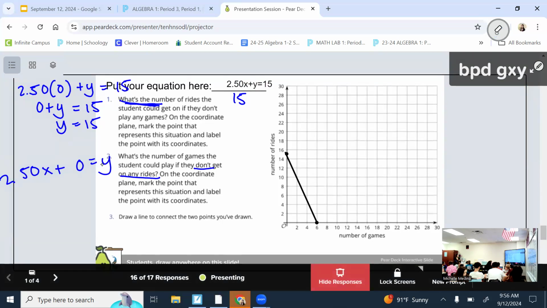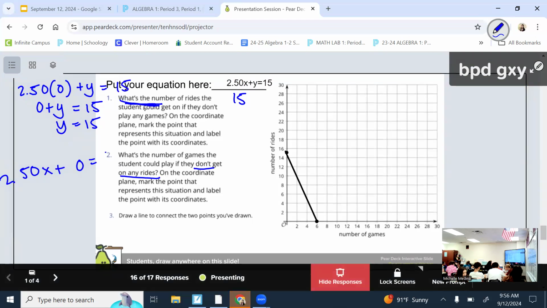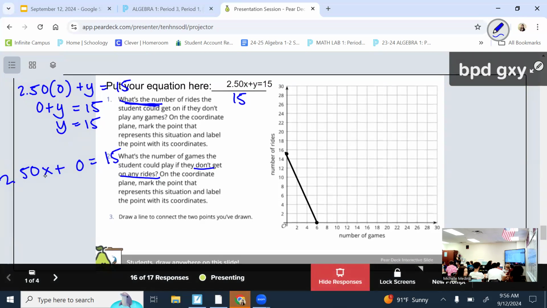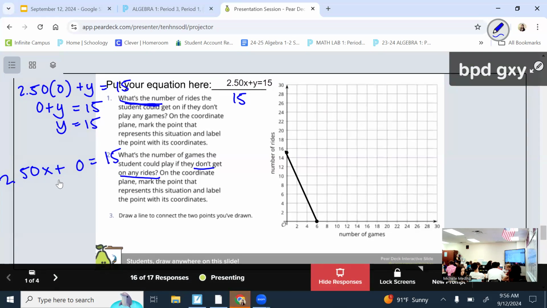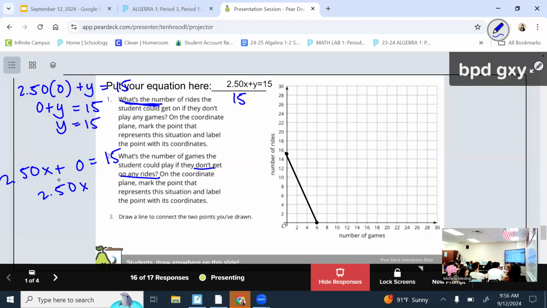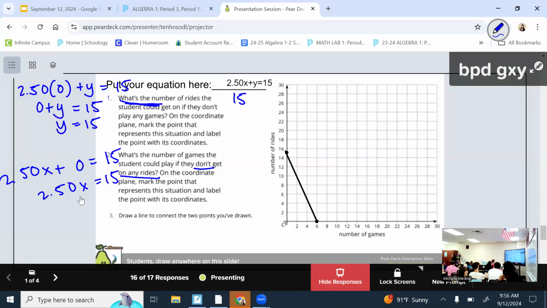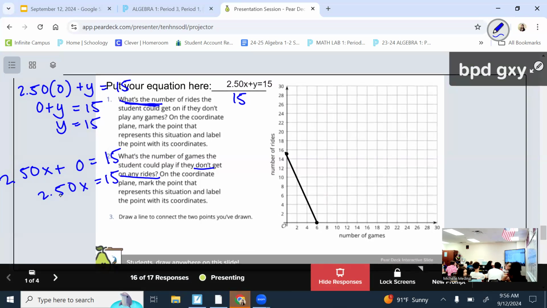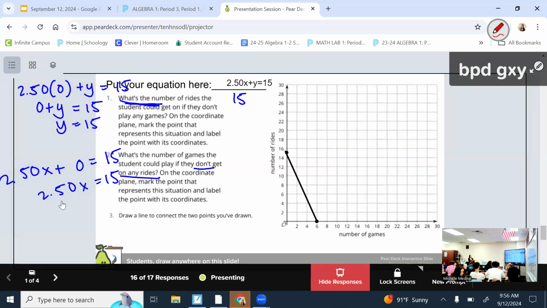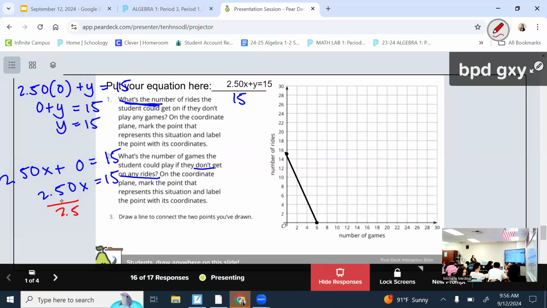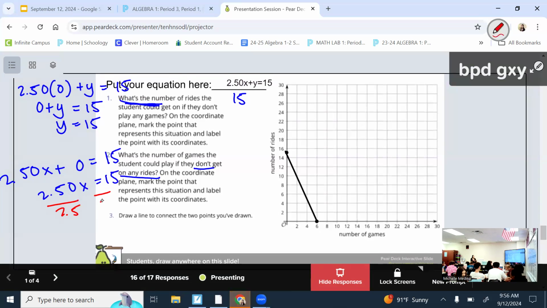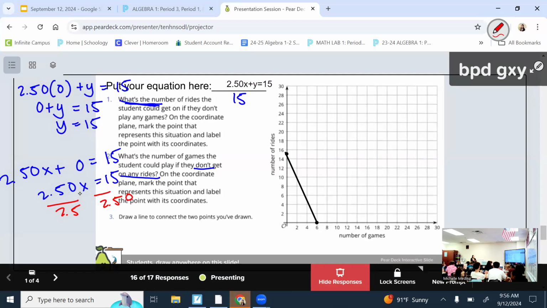Oops, and the y is actually 15, the budget. What's 250x plus 0? And then look at what's being done to the x and undo it by doing the opposite. So what's opposite of multiplying 250? And whatever you do on one side, do to the other.